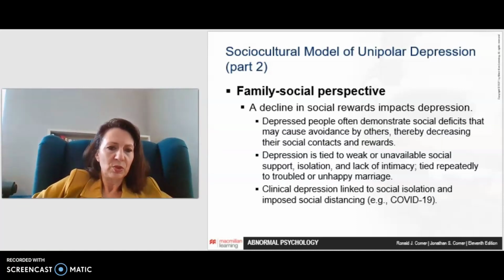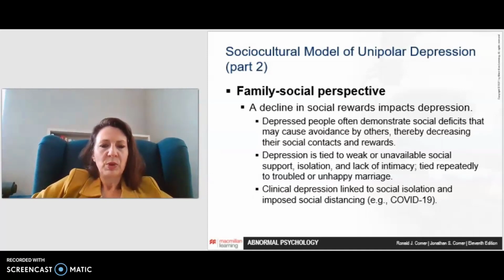So they don't have as many social contacts or rewards as people who have better social skills. And depression is tied to weak or unavailable social support, isolation, and lack of intimacy. Also tied repeatedly to troubled and unhappy marriages. And depression is linked to social isolation and also imposed social distancing, such as we've had with COVID.